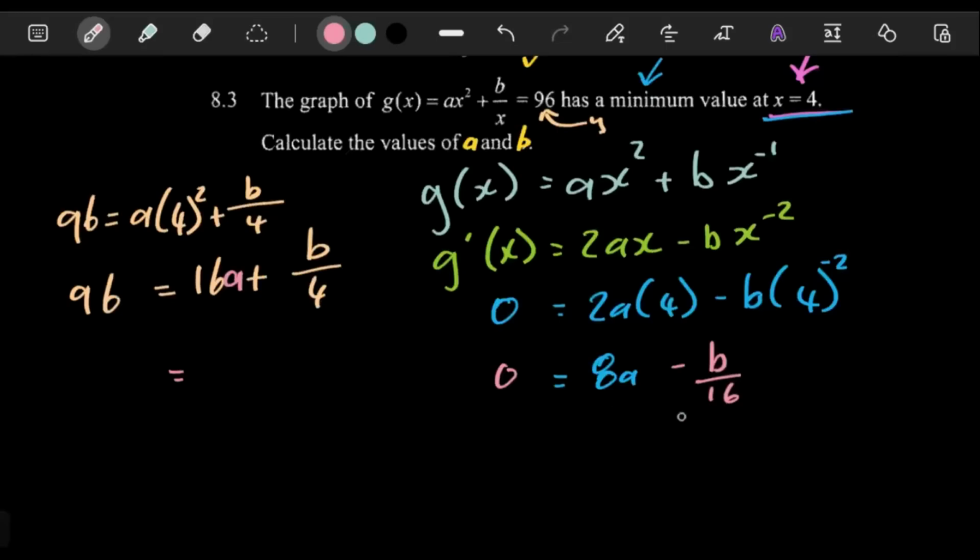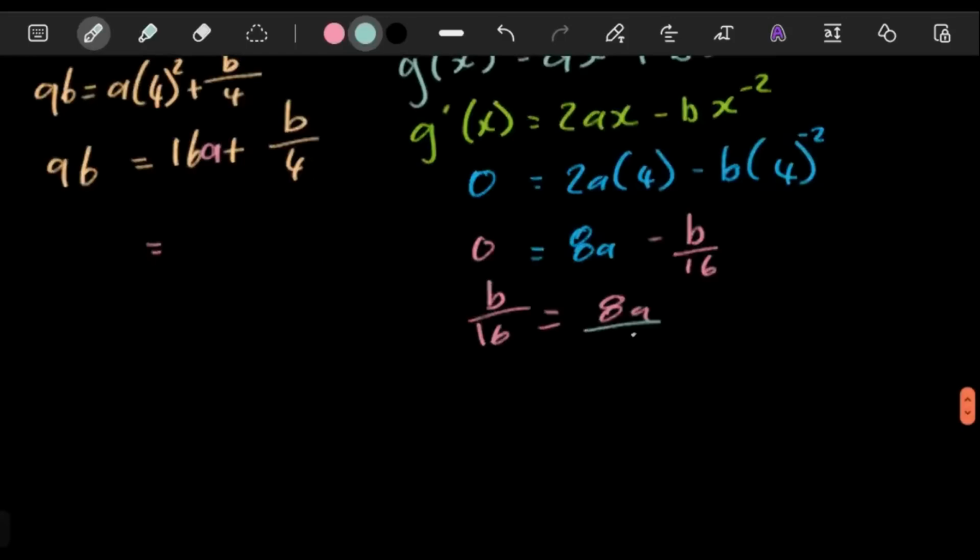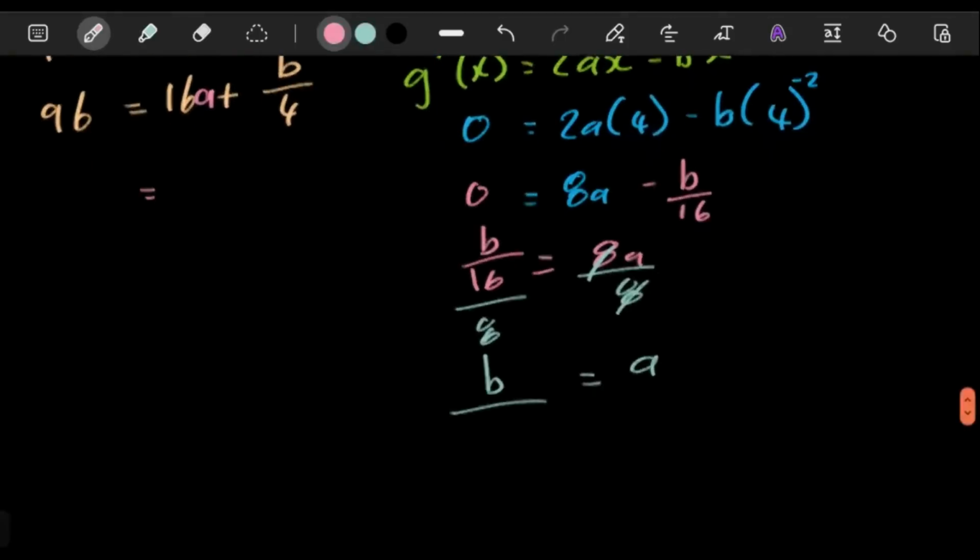We just need to carry on now, because let's maybe isolate a in this equation. So you have b over 16, and there's 8a. If you divide by 8 on both sides, you're going to have b over a big-ish number.